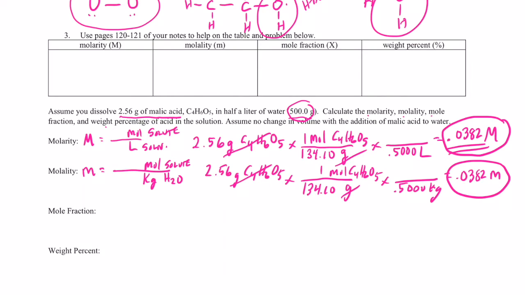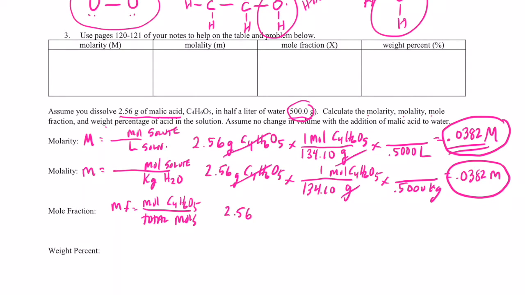Okay, mole fraction. I want the mole fraction of the acid. So I want moles of acid, C4H6O5, on top, divided by the total moles of my solute and my water. So this is going to take a little bit of work.